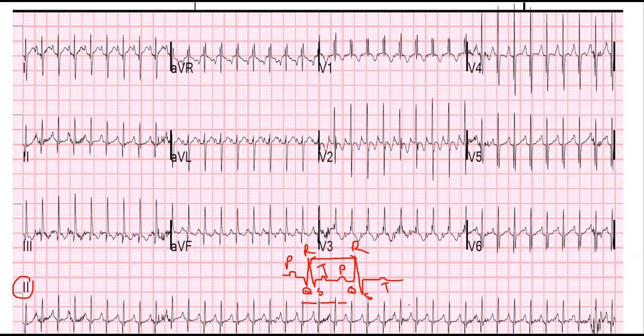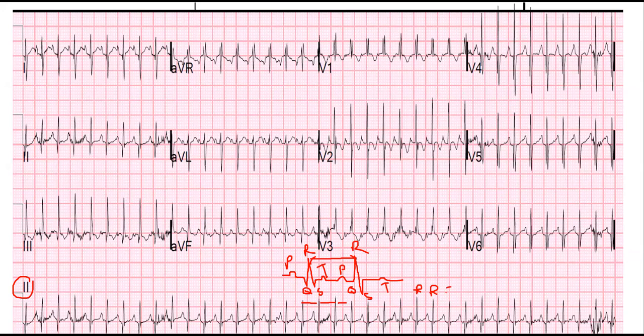So the first thing we look at is heart rate and rhythm. In this patient, you find out how many large squares there are between one RR interval. Let's say it is actually more than 1.